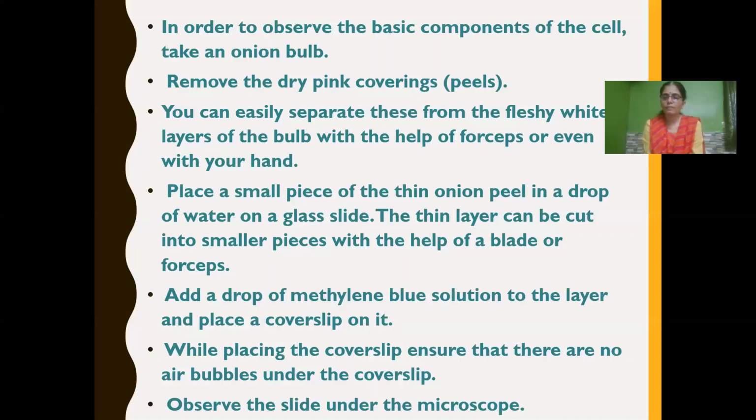While placing the cover slip, we have to be very careful so that no air bubbles are present under the cover slip. So now we have made the glass slide of onion peel.